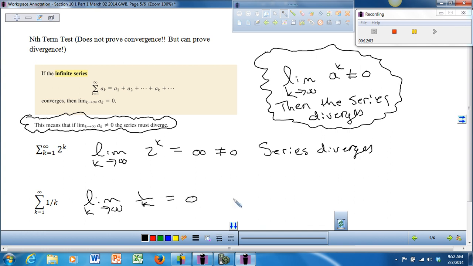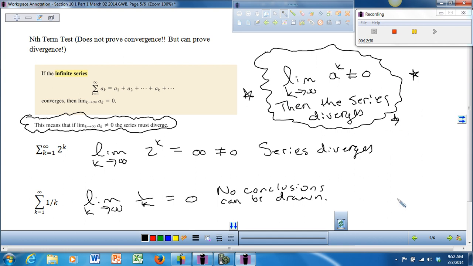That one equals 0. No conclusions can be drawn, because there are a lot of series whose definition will go to 0, but the series still does not converge. Okay? All right, so it's called the nth term test, very useful for determining divergence.